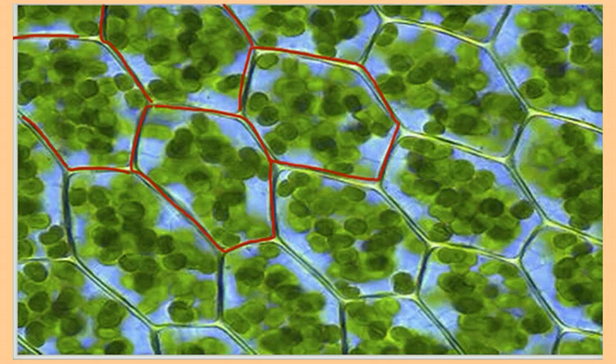Also, you will notice these green structures, and these are the chloroplasts that are found in the cell. In the diagram you were looking at a minute ago, there were just a few chloroplasts. However, under the microscope there are so many chloroplasts, and that is why plants have that green color, because of the chloroplasts.